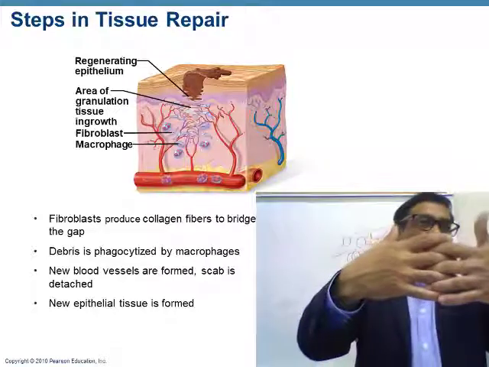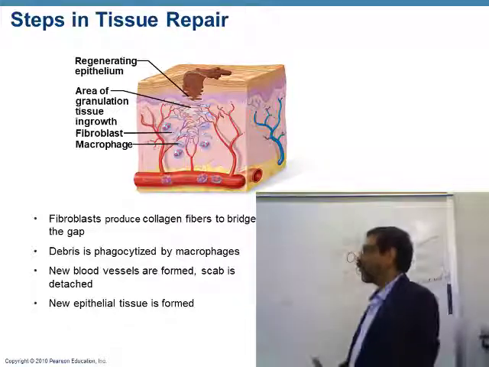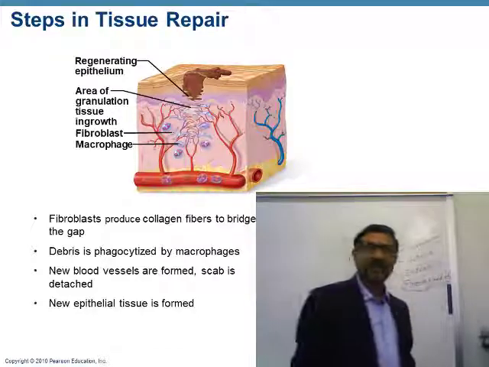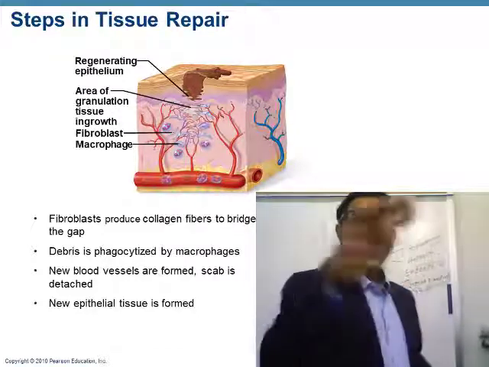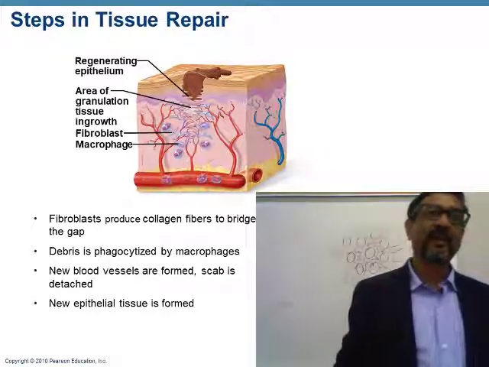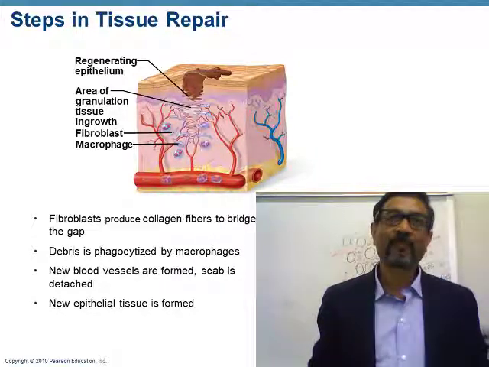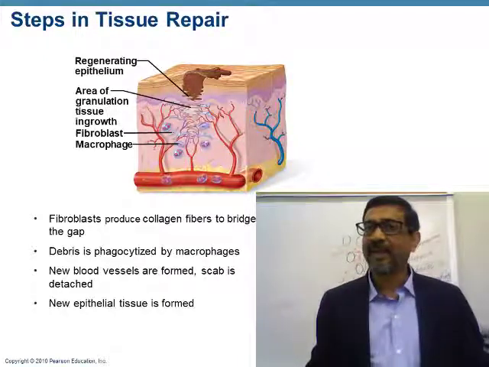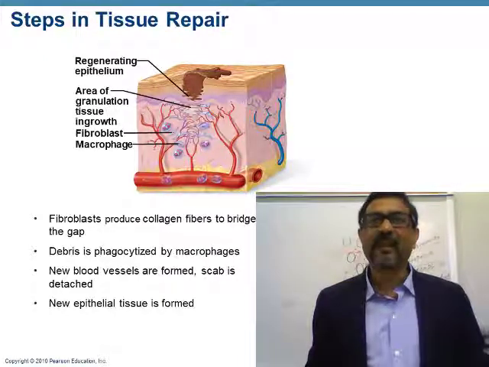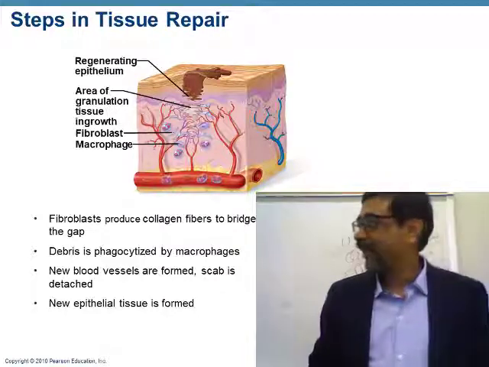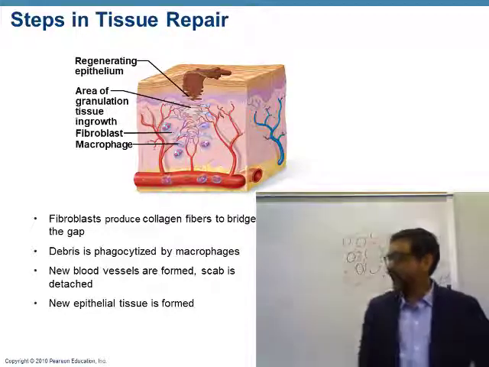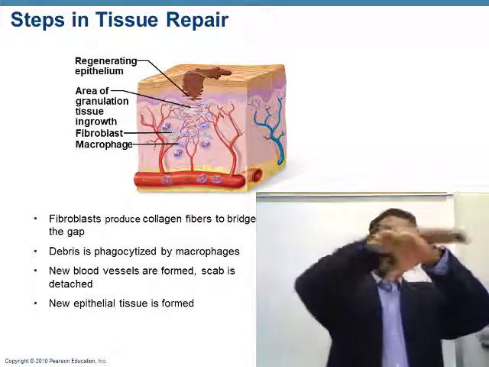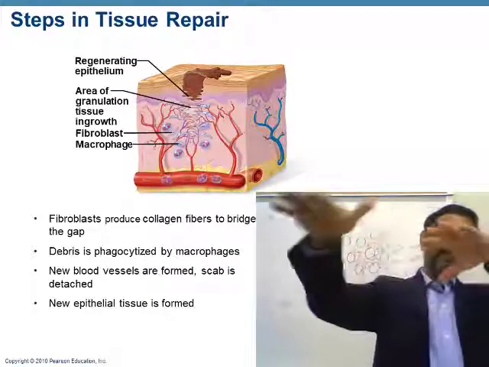Is it clear? Then next is branching from adjacent blood vessels. New branches are formed and they enter that area. So new blood vessels come from nearby blood vessels. That is the branching, right? And last is covering. New epithelial tissue is formed to cover the surface.